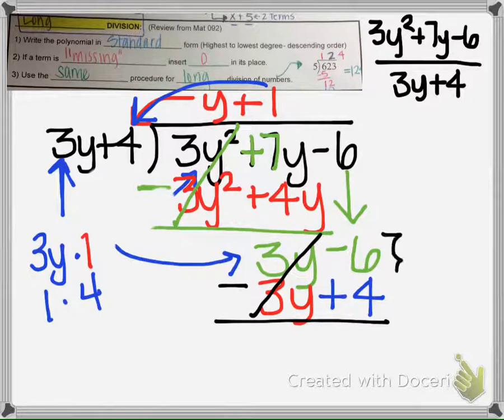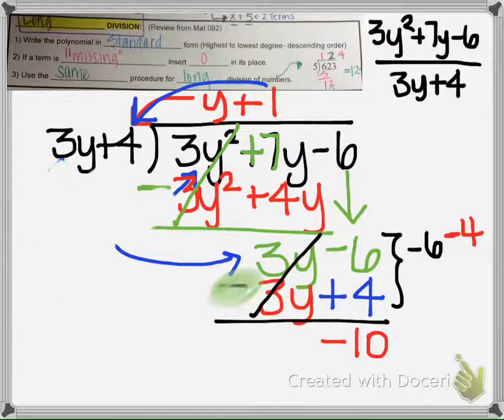And then right here we have a negative 6, and then we have this minus right here. So minus a positive 4. And negative 6 minus 4 is negative 10. So now putting this all together, our final answer is y plus 1.